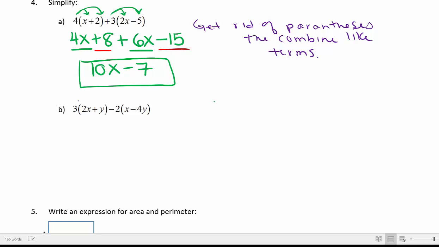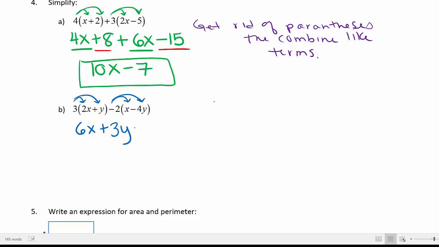To simplify, I would distribute first, get rid of parentheses first. So 3 times 2x is 6x, and then we're going to have a plus 3y. And now I'm going to distribute, I'm going to think of this as a minus 2. I have to distribute that negative as well.